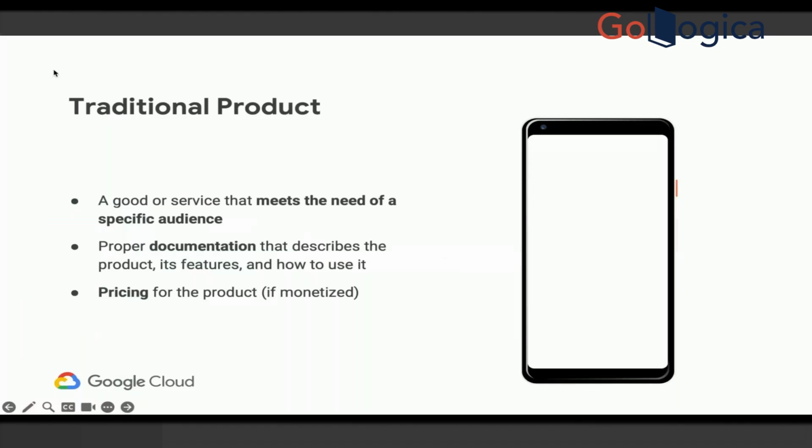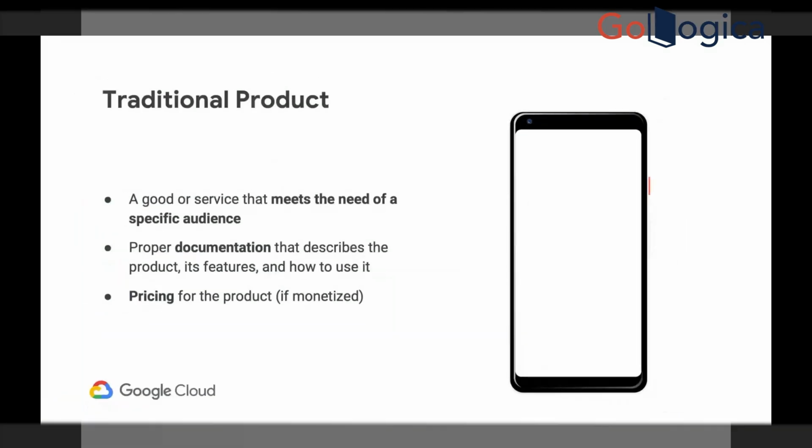In the traditional sense, a product is basically a good or service that meets the need of a specific audience, a set of people. Usually when you purchase any product, whether television, mobile, whatever, there is proper documentation that tells what the features are, the details about the product, and how to use it, a how-to-use guide, all kinds of things.